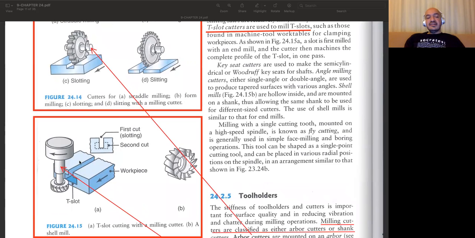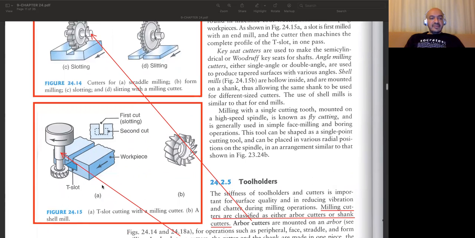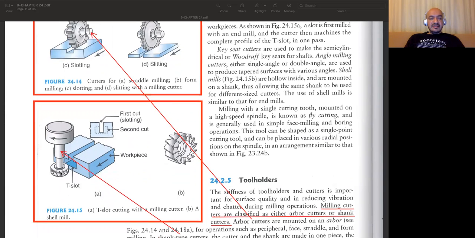And if you remember, these are highly important, especially in tables, and you can easily mount some work holding devices, some fixture, inside. So in almost all types of machines, milling machines, sometimes different drilling machines, we use such T-slots to fix our workpieces. And this T-slot cutter has many cutting edges.